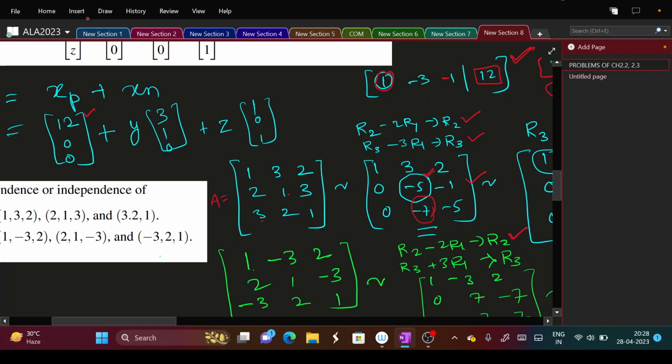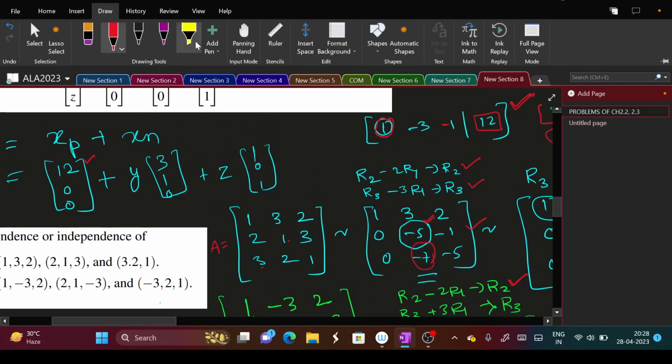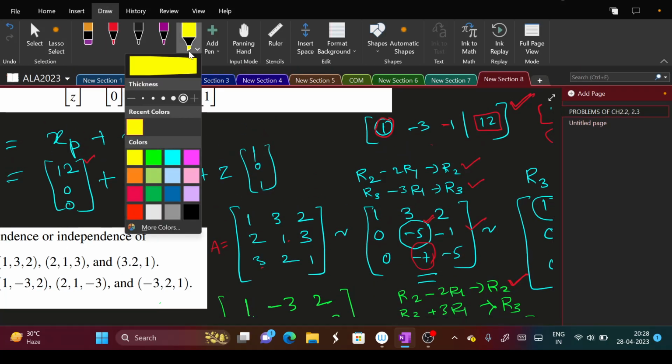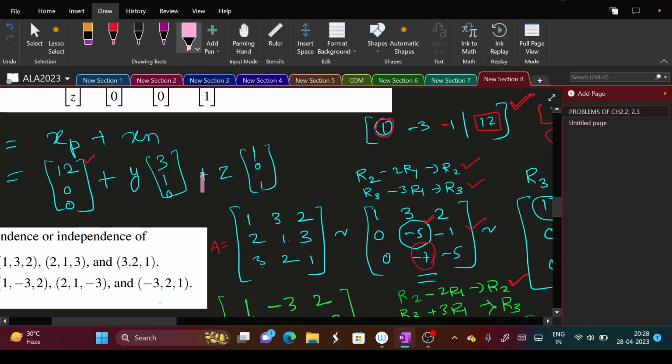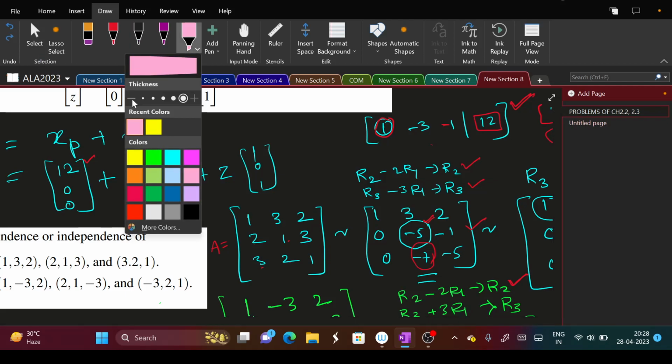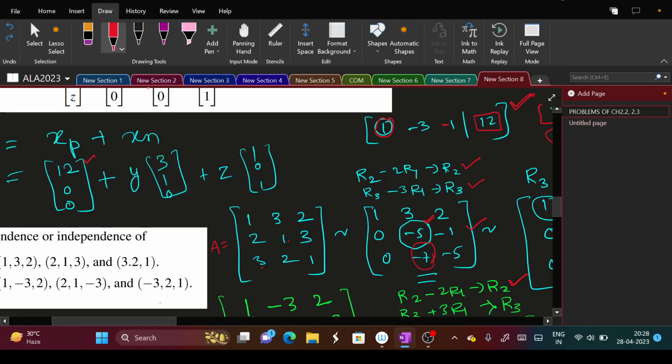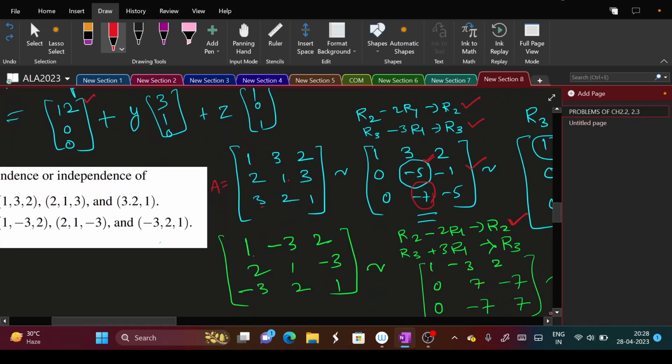Okay, so R2 minus 2R1 is stored in R2, and for the second operation, observe this is minus 3, so I will multiply the first row by 3 and add it to R3. So R3 plus 3R1 is stored in R3. These two operations we will do.